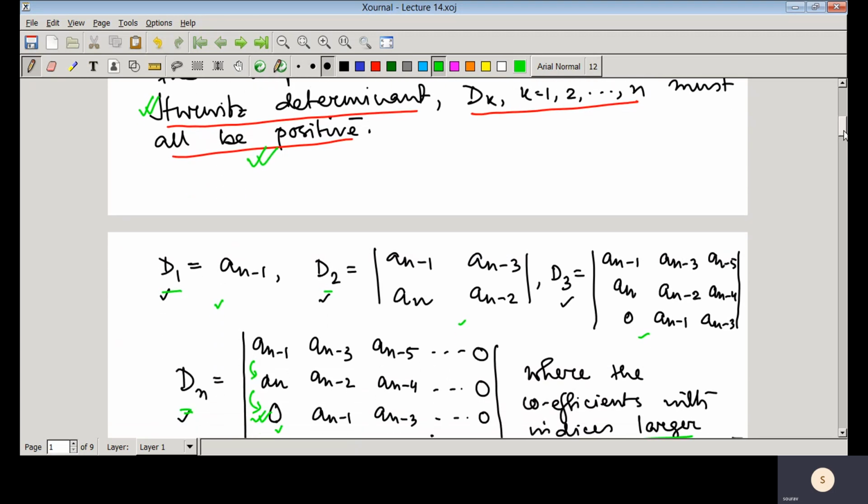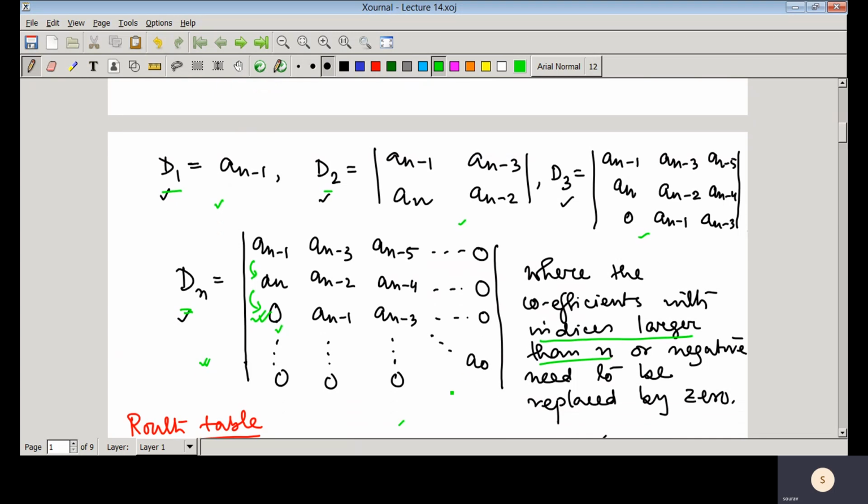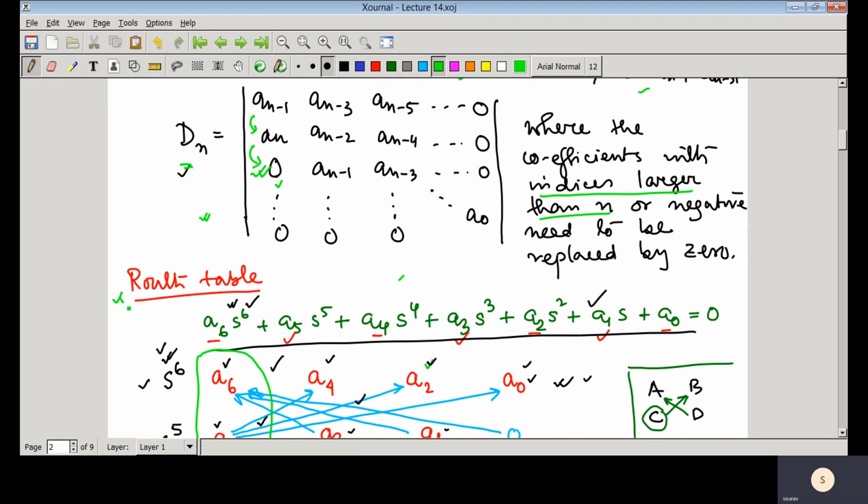But checking the positiveness of all the determinants is not so easy a task. So Routh proposed a tabular method.